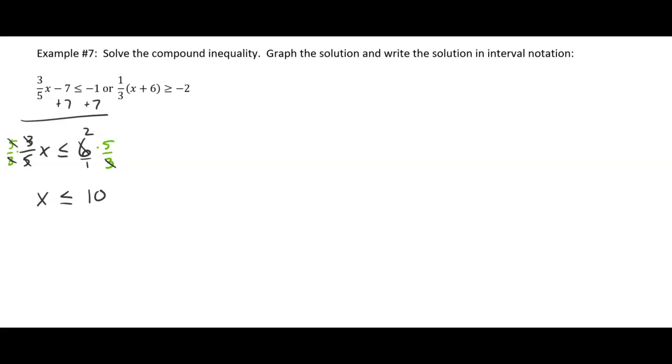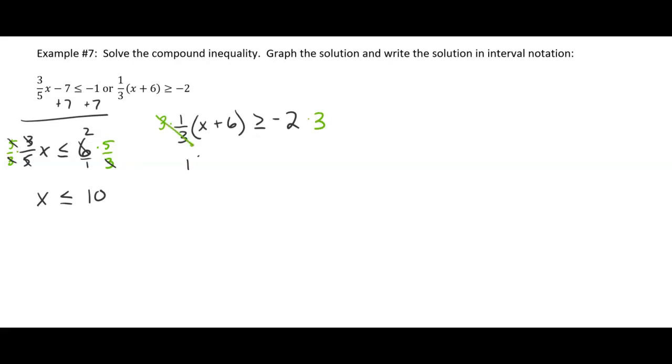Okay. On the next one, let me show you something on this problem since we're kind of reviewing some of our solving skills anyway. Normally I would distribute, but I can get rid of that fraction. We call it clearing the fractions right off the bat. So what I can do is multiply by 3 here and multiply by 3 here, and then I don't have to worry about that fraction anymore.